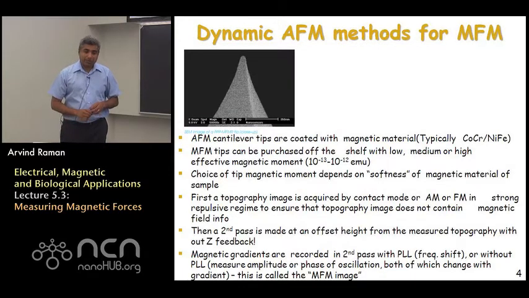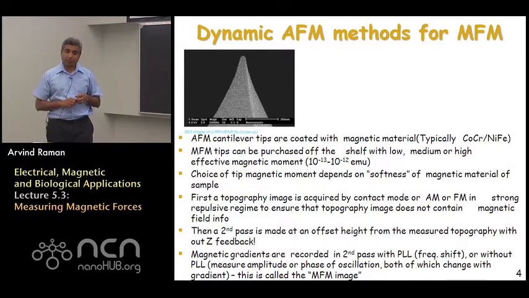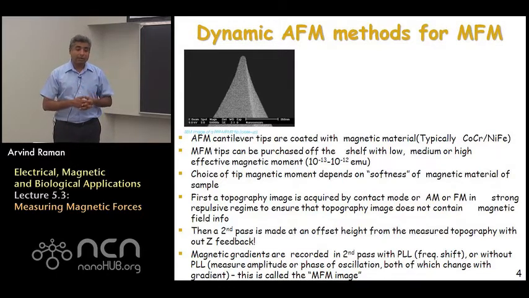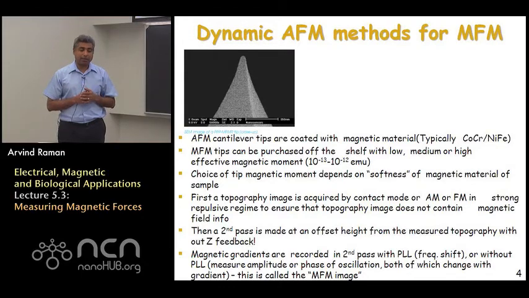So what are some of the interesting specifics about how magnetic force microscopy works? Well, first of all, as I mentioned to you, we need to have a permanent magnet at the end of an AFM tip. These days, this is done by coating a ferromagnetic material, a permanent magnet effectively, at the end of a tip. This is usually a combination of cobalt or chromium, sometimes nickel iron tips.